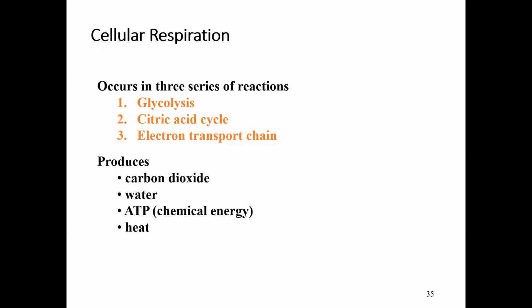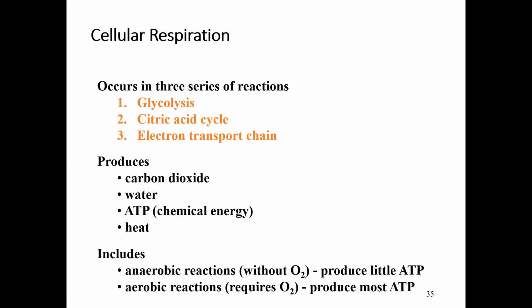The production of water, the generation of ATP, parking chemical energy in the ATP molecule, and the release of heat. Remember, 60% of the energy that we take in comes back out as body heat. These reactions can occur anaerobically, meaning without oxygen. The term aerobic means involving the use of oxygen.